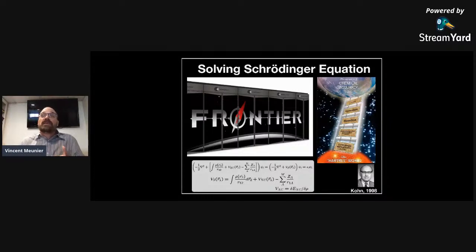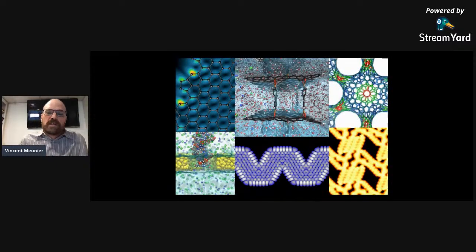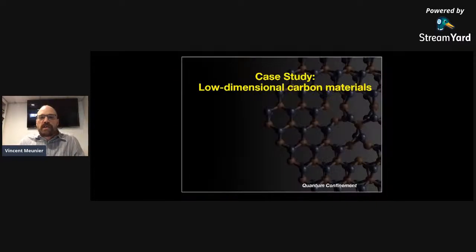Anyways, the point is that we can now understand materials more and more closely by solving that equation on actual materials. And in fact, I've been doing a lot of work in that area myself, as shown in some examples here. I'm just going to show you a case study on carbon materials from my work, just quickly to show you a little bit where we are going with quantum materials and how we can enable the second quantum revolution.